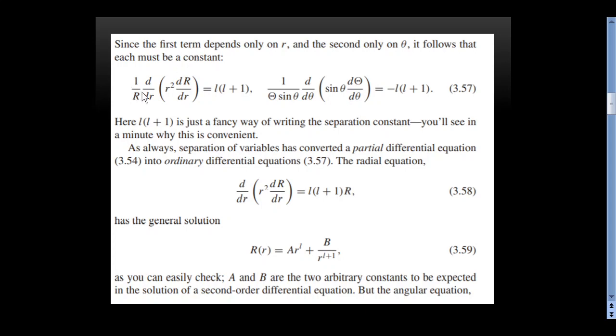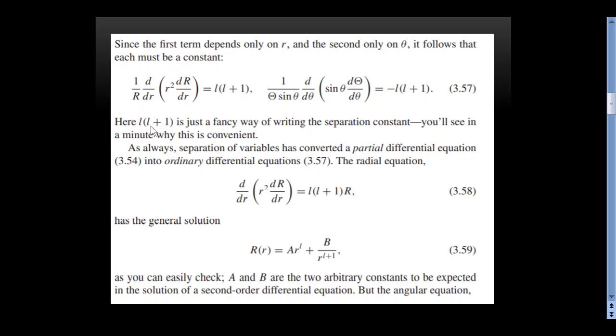So 1 upon capital R d/dr of r square dR/dr is equal to constant c1, and that value of the constant we have chosen arbitrarily like this, L into L plus 1. This is c1. And the second part, 1 upon capital theta sine theta d/d theta of sine theta d capital theta upon d theta, is equal to c2, and c2 is equal to minus L into L plus 1, so it is a negative constant.